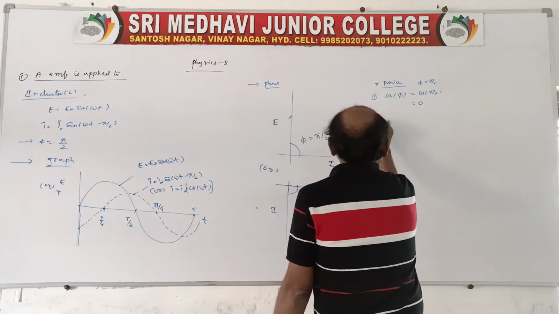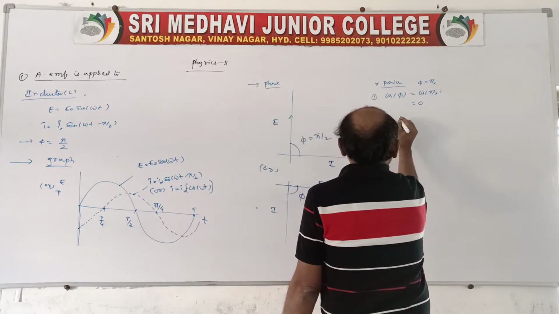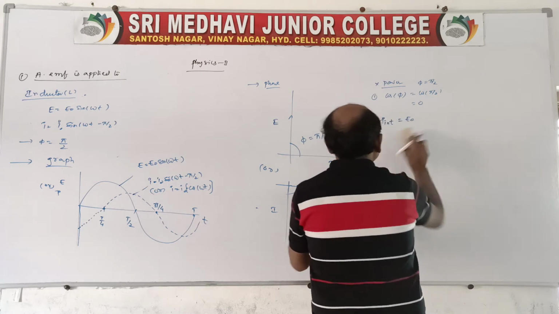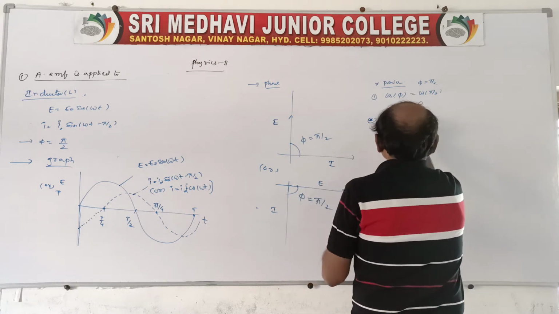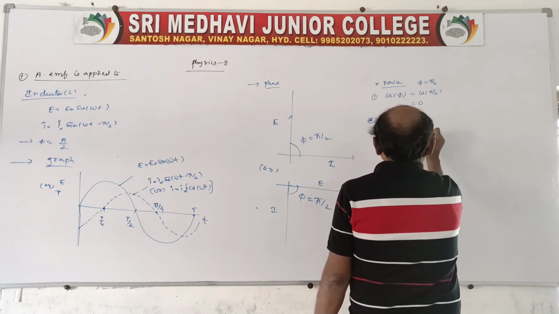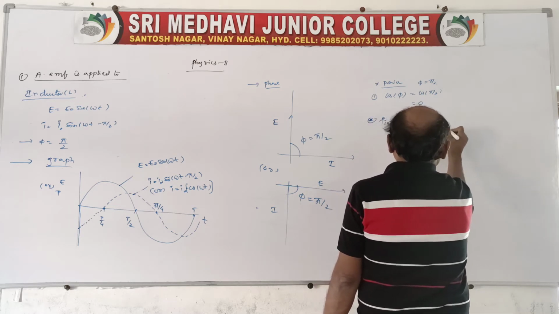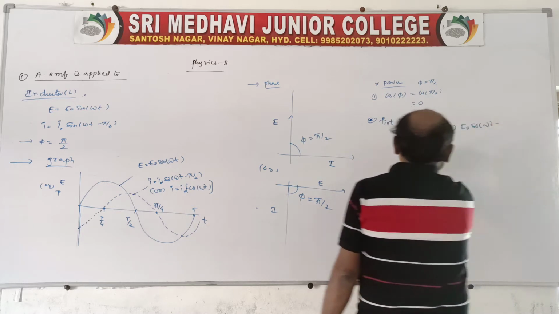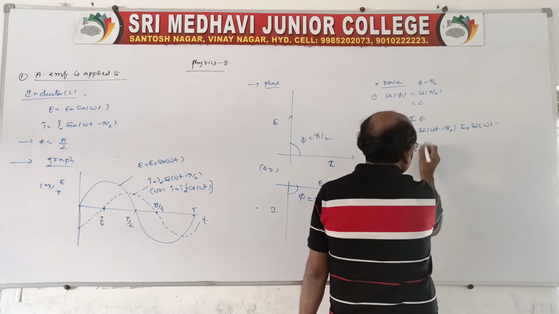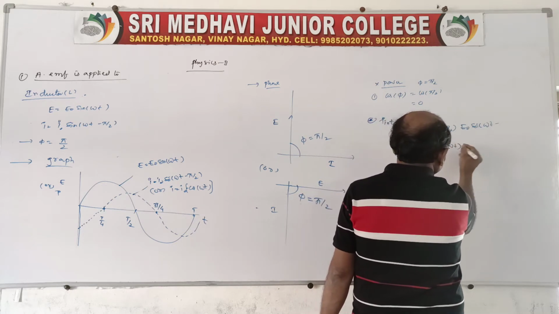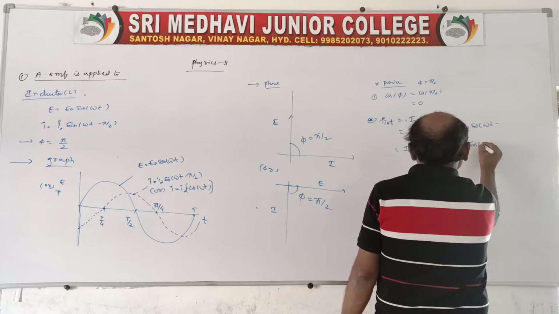Now for the second, instantaneous power, that is I into E. I is I naught sin(omega t minus pi by 2) and E is E naught sin omega t. Therefore I naught E naught times sin(omega t minus pi by 2) sin omega t, which we can write as minus cos omega t and sin omega t.